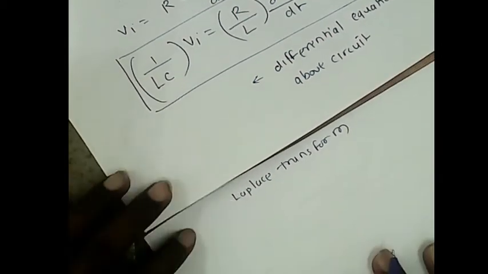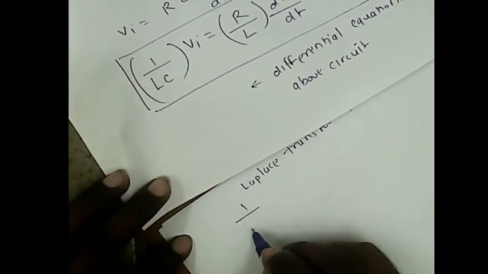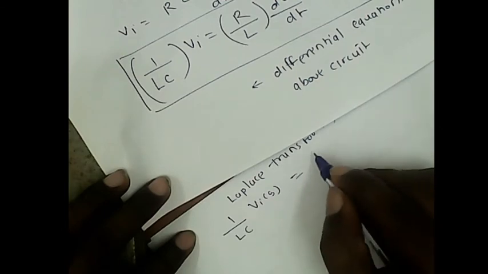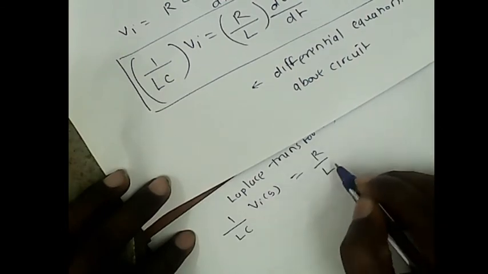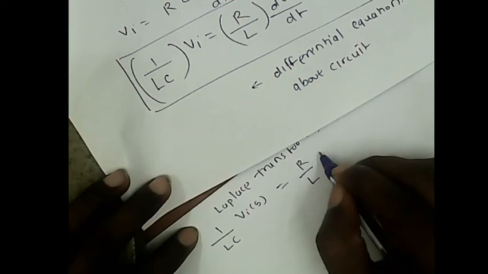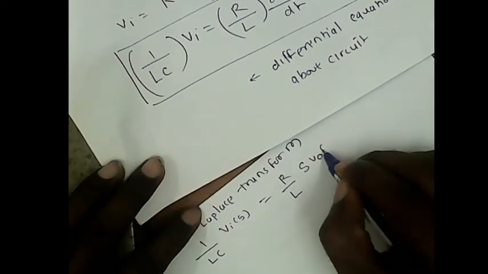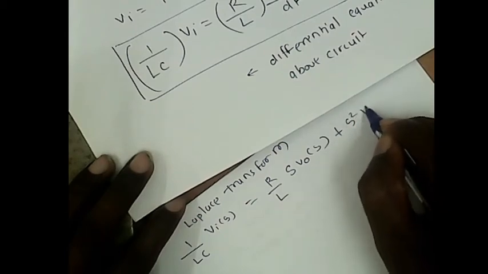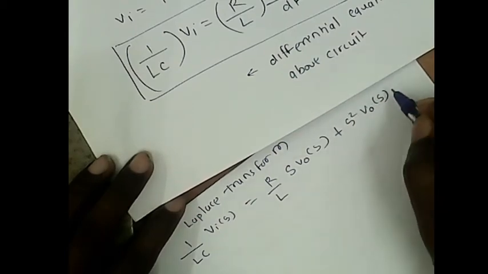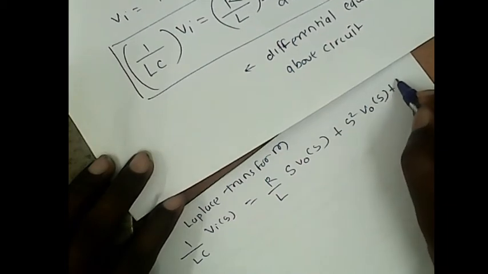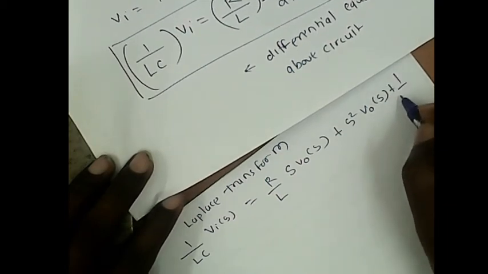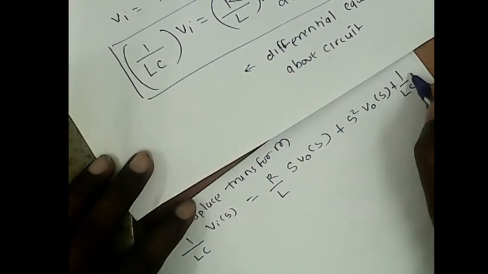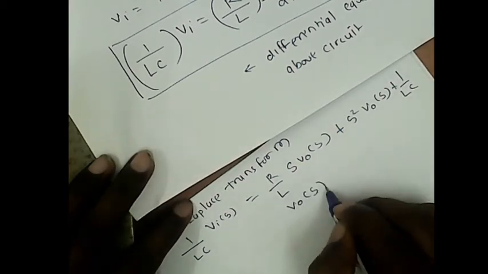We can write down 1 upon LC Vi of s equal to R upon L s V0 of s plus s square V0 of s plus 1 upon LC V0 of s.